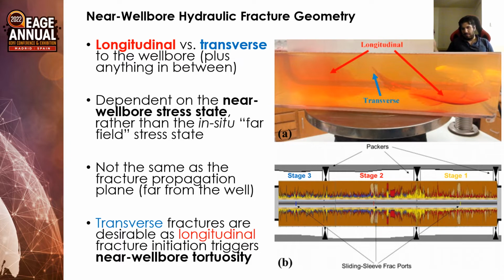This lateral movement was attributed to longitudinal fracture initiation, which stayed within the near wellbore region. And the result of that is near wellbore fluid tortuosity, and that's what will eventually trigger the early screen out and the low post-stimulation well productivity that I mentioned earlier.